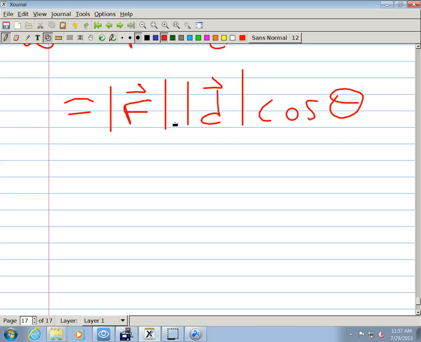Absolute value always means distance. When I say the absolute value of -5 is 5, I'm really saying that it's 5 units from zero. I'm not saying that it's to the left or to the right. That's what the negative is about. I'm just saying that it's 5 away. So the magnitude of the vector, the length of the vector, that's the absolute value of the vector. Okay? So let's say I have, let's see how we're going to put this.